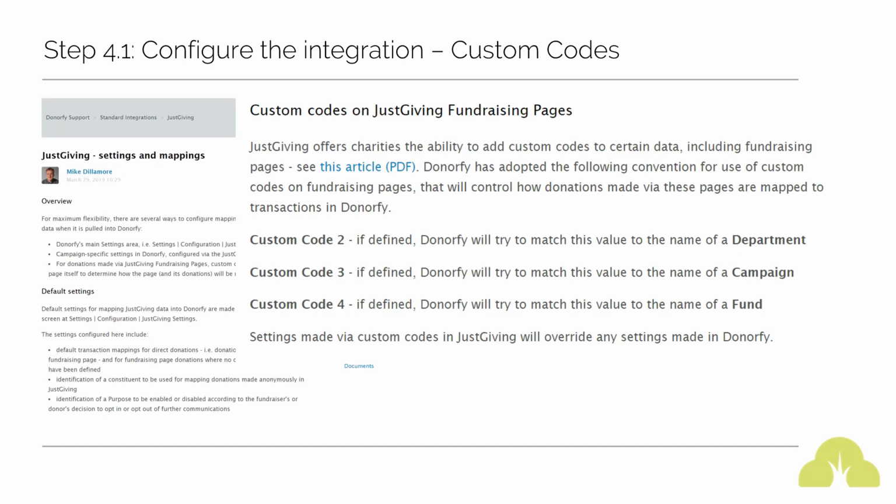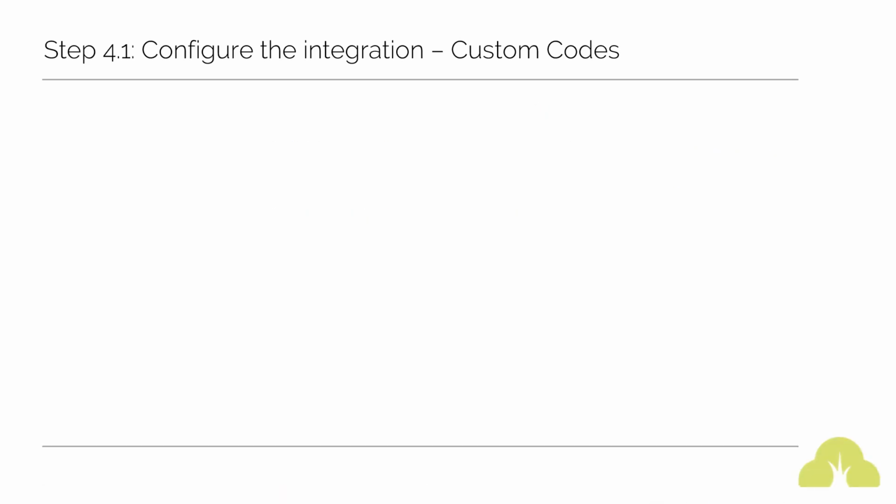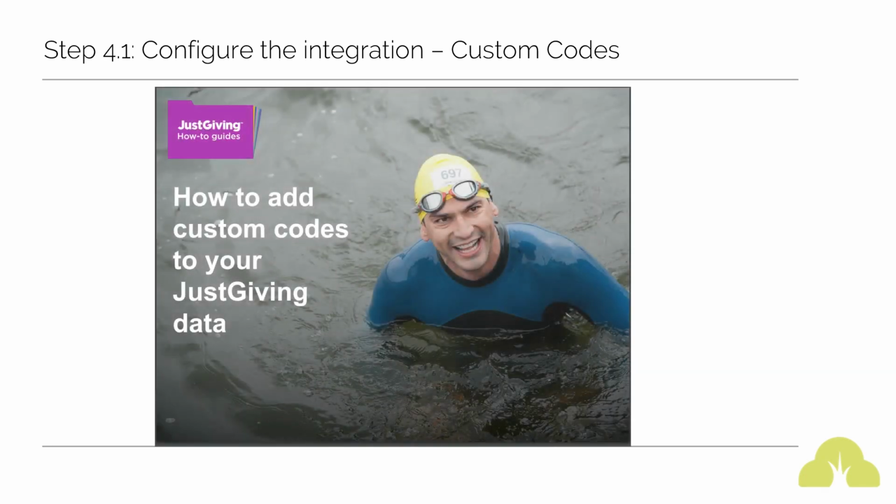So you can assign up to 3 custom codes. That's department, campaign, and fund, and they're mapped automatically then within the integration, meaning that you don't need to do anything. It's all done from within JustGiving. So this screenshot will show you where you will need to manage this from.